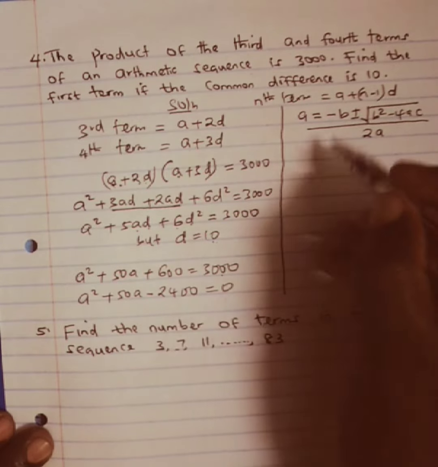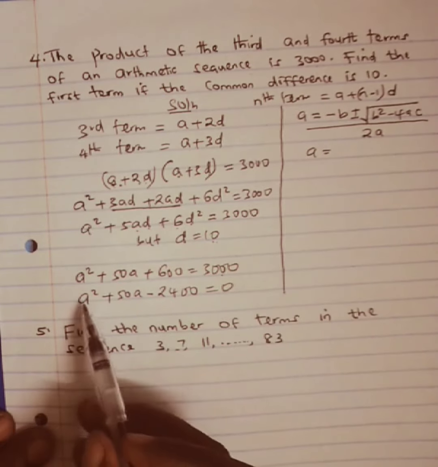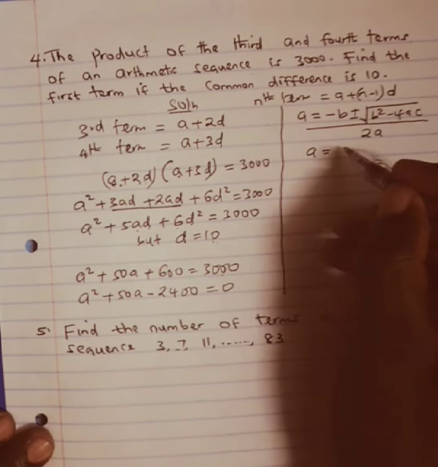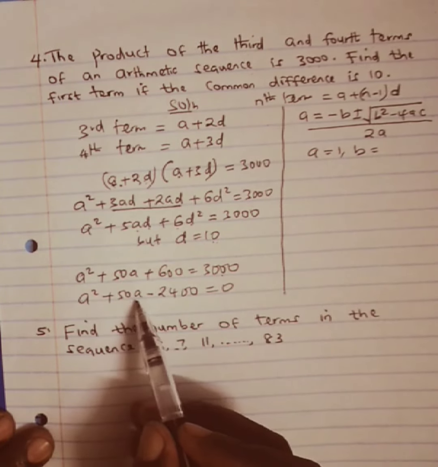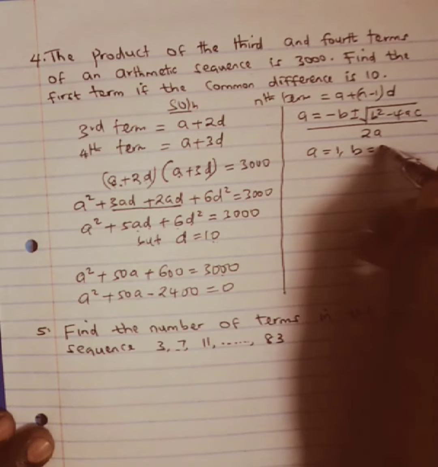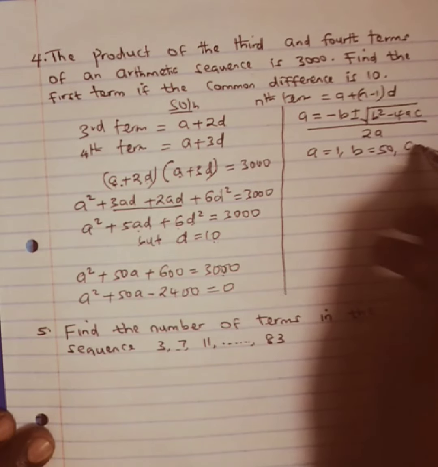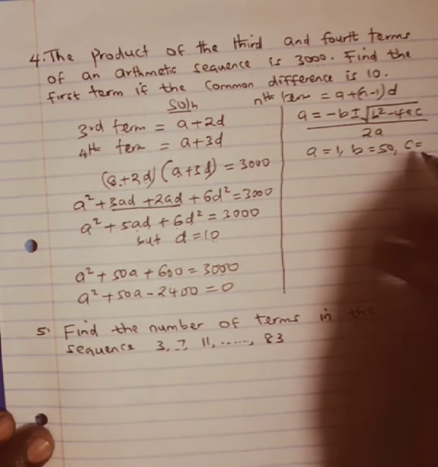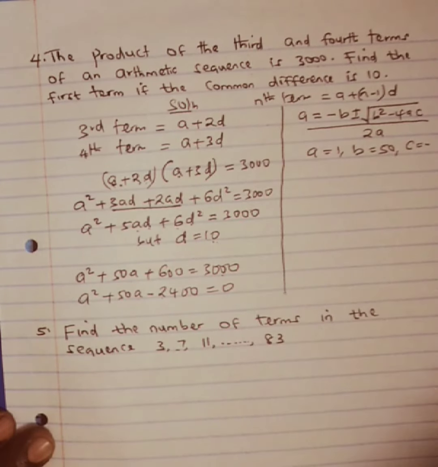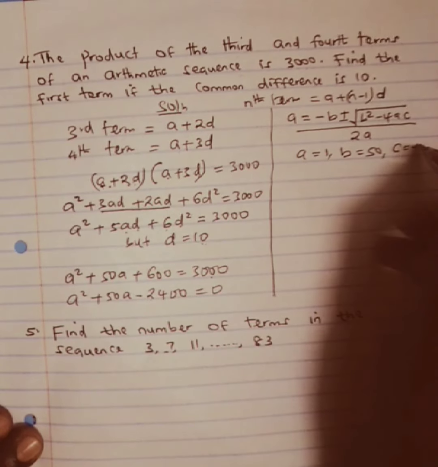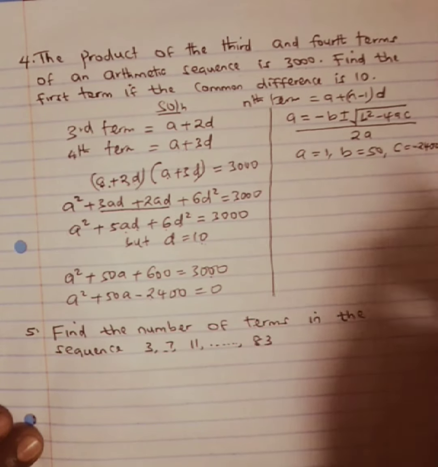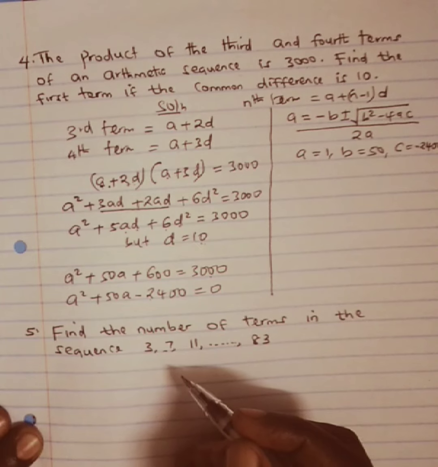From this expression, a is the coefficient of a squared, which is 1. b is the coefficient of the linear term, which is 50. And c is going to be equal to negative 2400. From there now we can move forward.